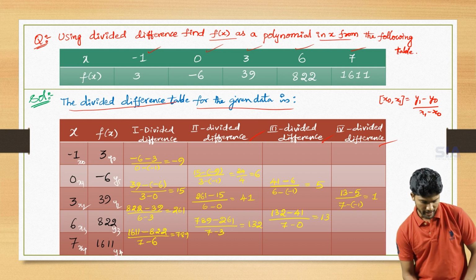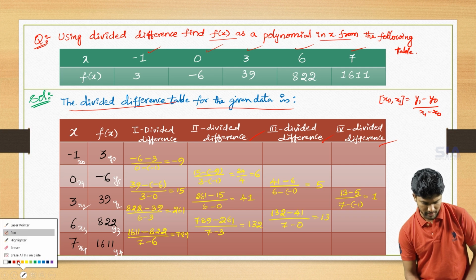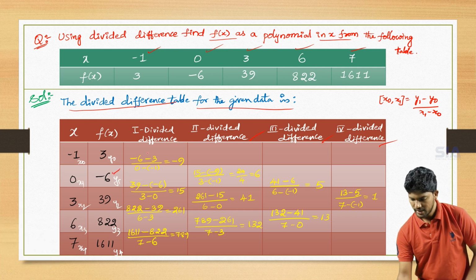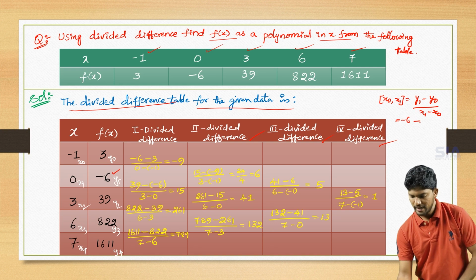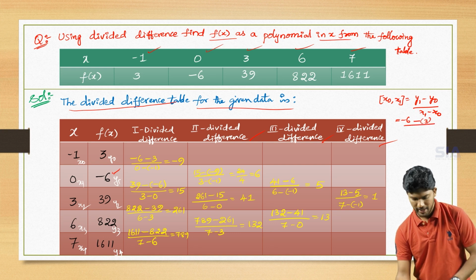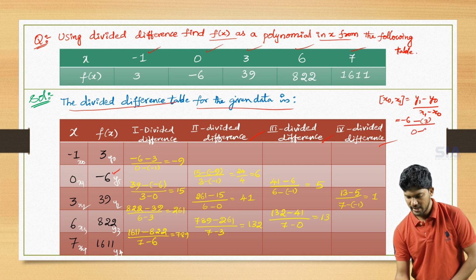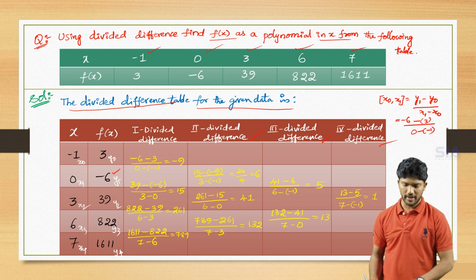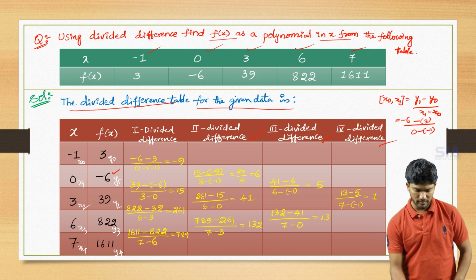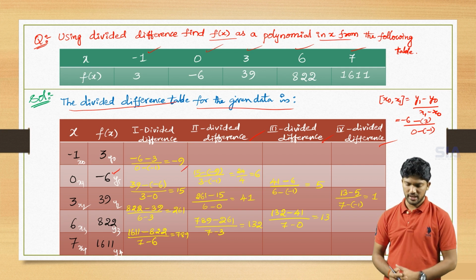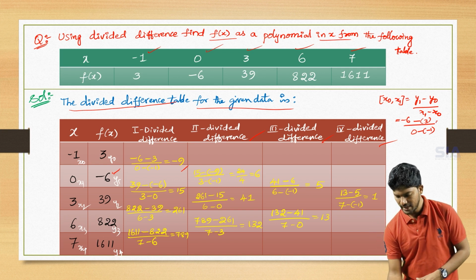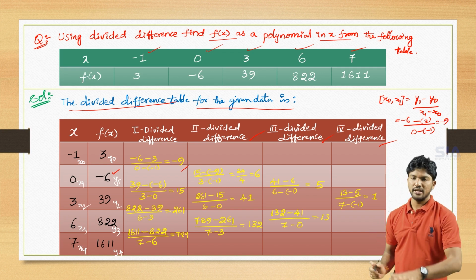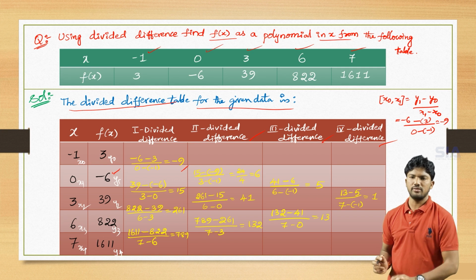Here the y1 value is minus 6, minus the y naught value 3, by x1 value 0 minus the x naught value 1. If you simplify that, you will get minus 9. Minus 6 minus 3 by 1 is minus 9. So the first divided difference x naught x1 value is minus 9.